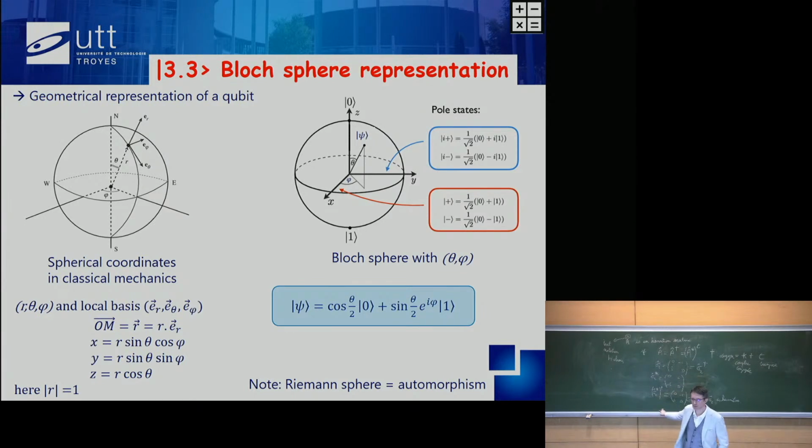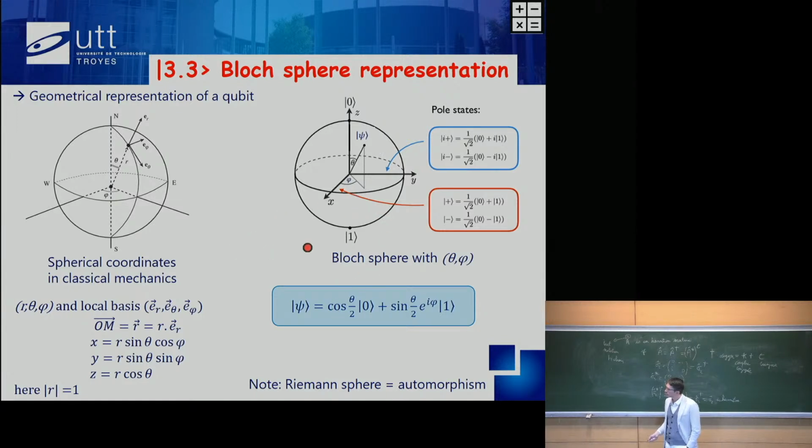And along the y-axis, you get the 0 plus i1 qubit, and 0 minus i1 qubit if you go on the other side. So it's a nice representation. We like to use the Bloch sphere to represent a qubit in 3D geometry.